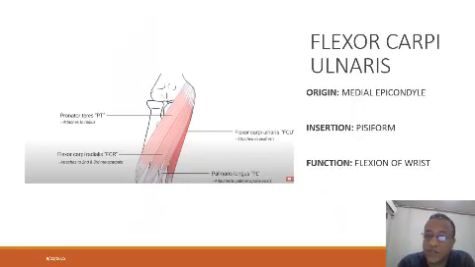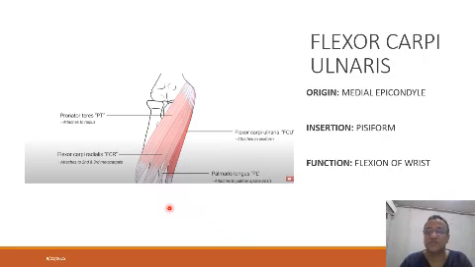The last muscle of this group is the FCU, or flexor carpi ulnaris. This is also originated from the common origin at the medial epicondyle. It lies on the ulnar side of the forearm and runs straight down to the pisiform bone, and inserts into the pisiform bone.